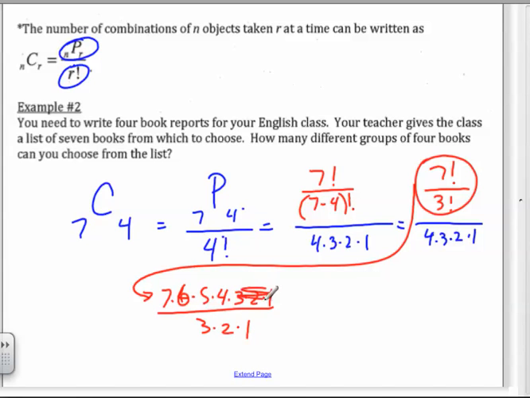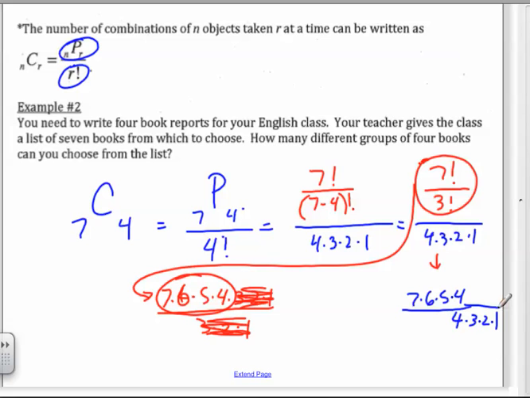So this cancels and this cancels, and the top is equal to 7 times 6 times 5 times 4. I'm going to rewrite it here as 7 times 6 times 5 times 4 all over 4 times 3 times 2 times 1. Now let me stop right there.